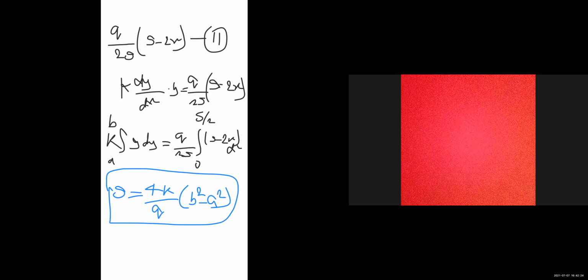So on basis of this formula, S equal to 4K divided by Q into B square minus A square, we can solve different types of questions of tile design of tile drain. So write a question of tile drain design.